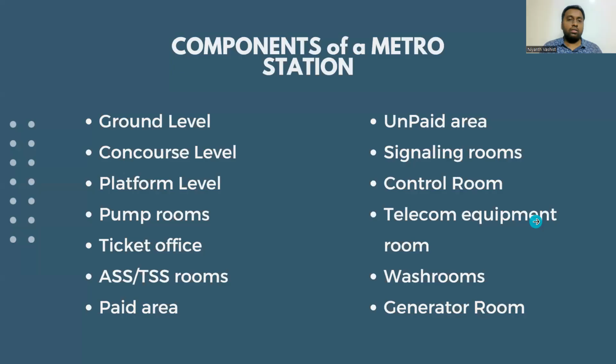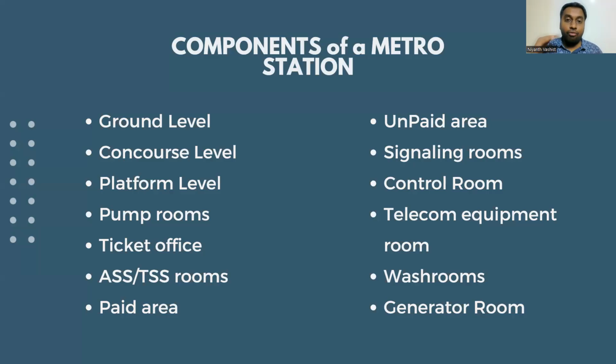So here, the first component that we look at is the levels of the metro station. When we talk about levels, that means instead of floor, we call it a level. So there is a ground floor, there is a concourse level, there is a platform level, and in some metro stations, there is something called the deck level as well.